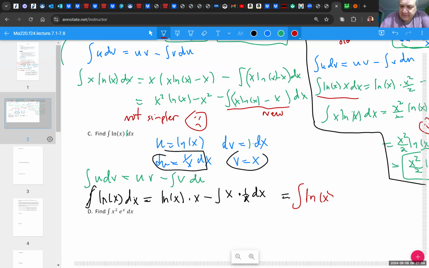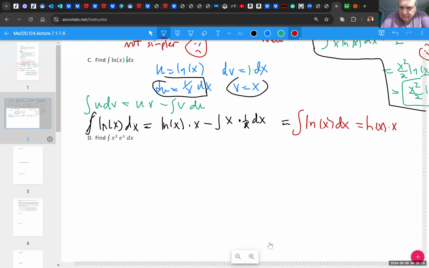Integral of ln x dx is equal to, well, we got ln x times x. And then we got minus a new integral. So let me make some more space here on the right.